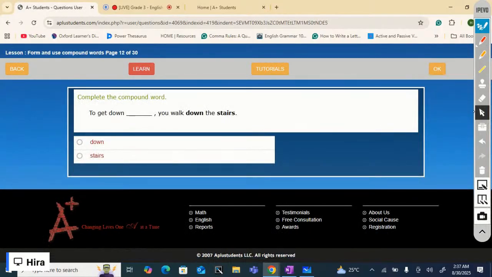To get down blank, you walk down the stairs. Now you have to complete the compound word. One word of the compound word is mentioned here and one is missing, so find the other one.